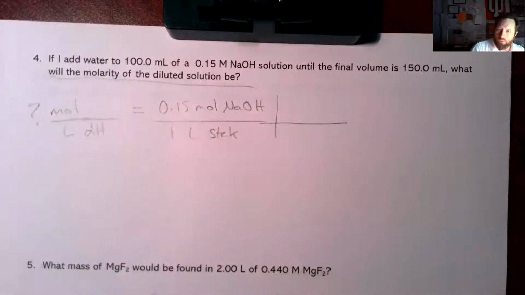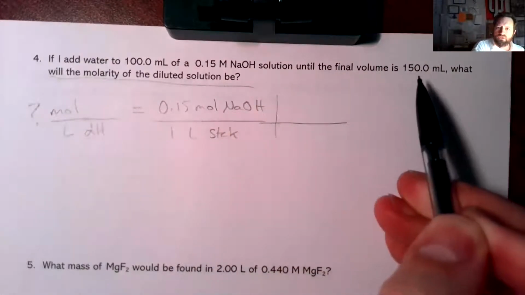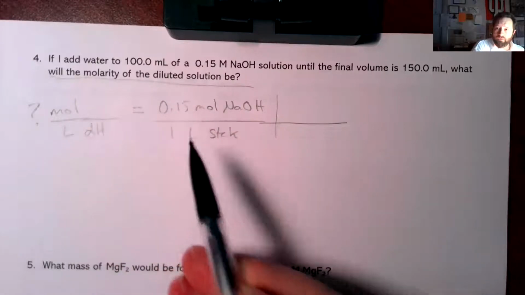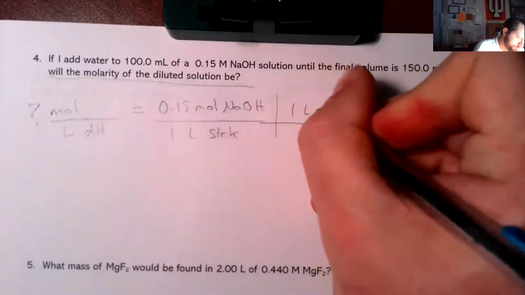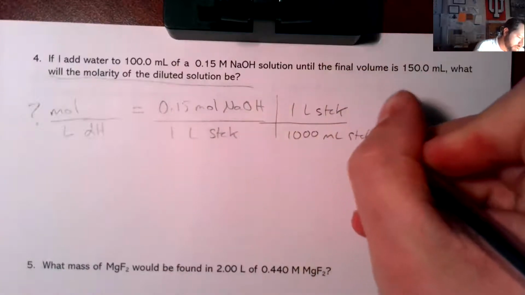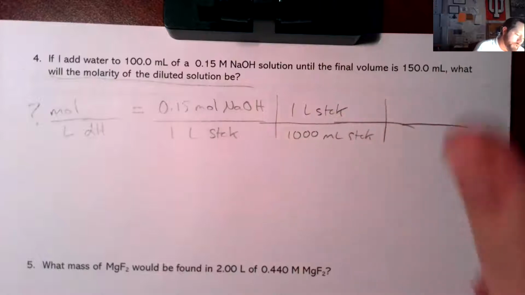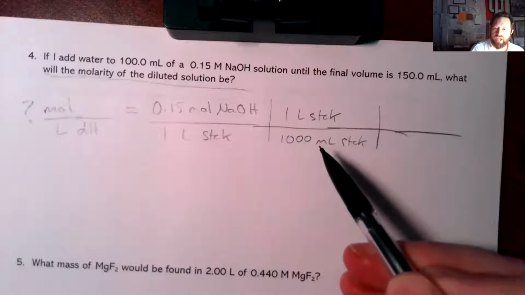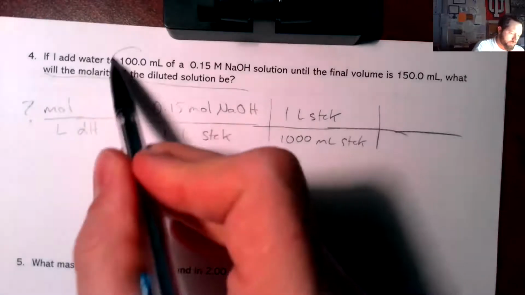Well, again, I take a look at what I've got. I've got milliliters and I've got milliliters. So first step, I'm going to convert my liters into milliliters. Pretty easy conversion there. All right, now I know I need stock solution on top. 1,000 milliliters of stock. Well, guess what?